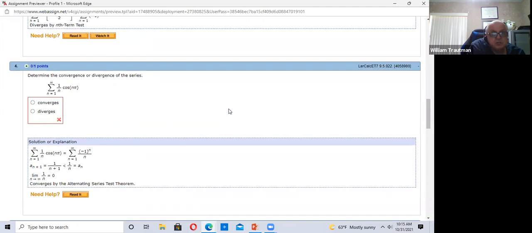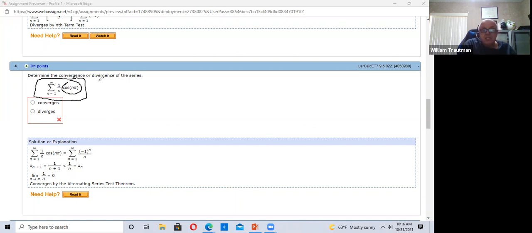So let's take a look at this one really quick because it's kind of cool. When you just look at this problem, it has trig in it. It's a little confusing, but they're showing you that this is the alternating part: the cosine of n times pi.